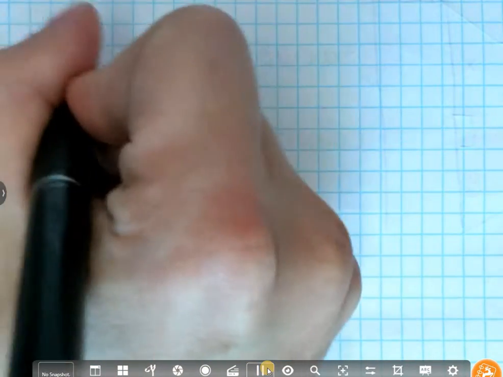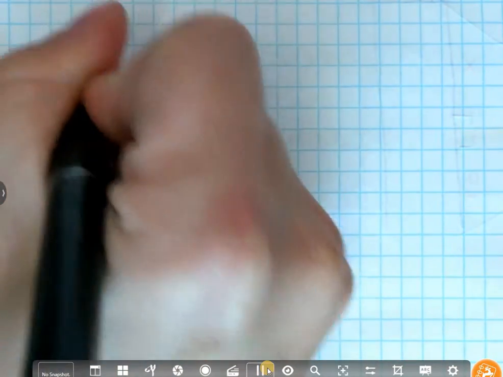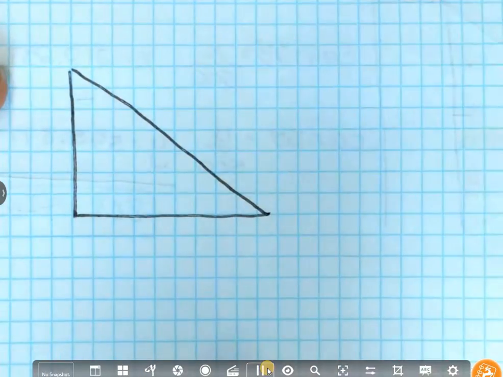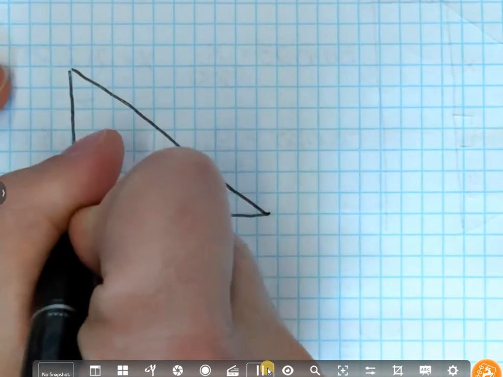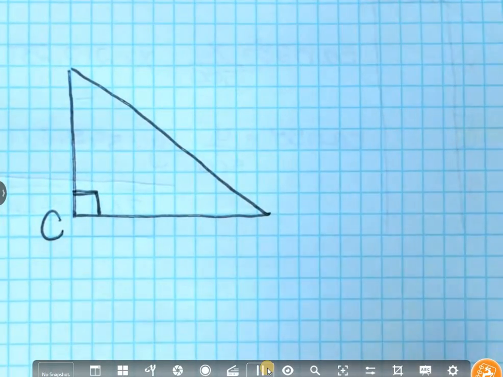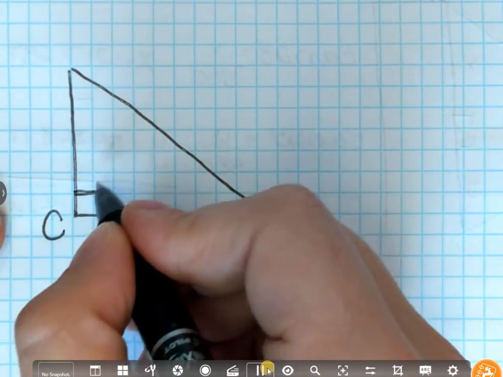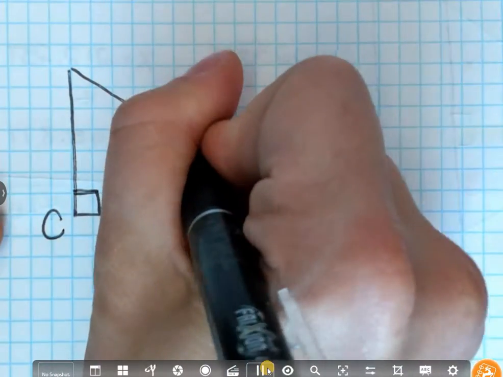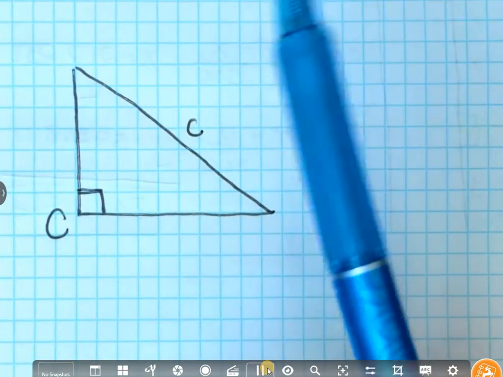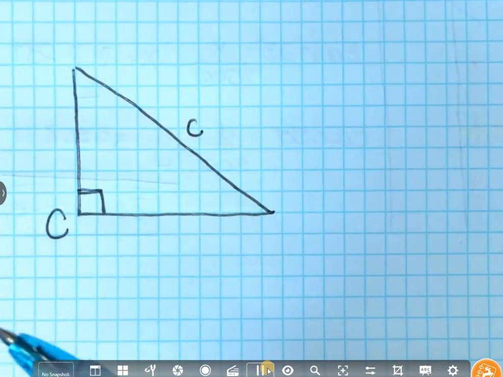But the thing that you need to remember is that when I do my right triangle, whichever way you draw it, the right angle is always your C. The side opposite your right angle is your side C. The other two, I don't care. As long as it matches the numbers, you'll get the same thing.